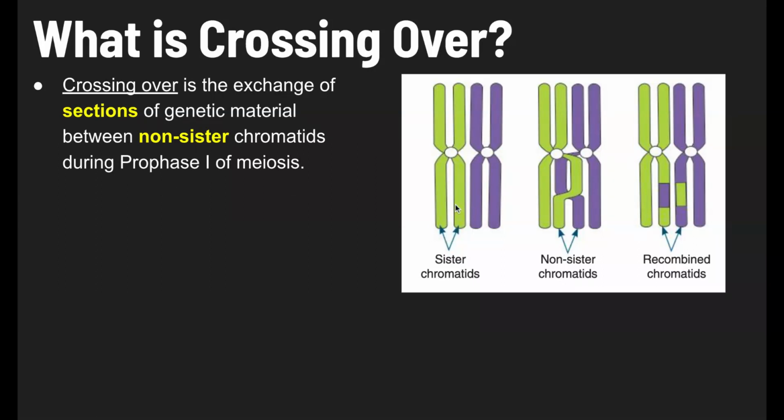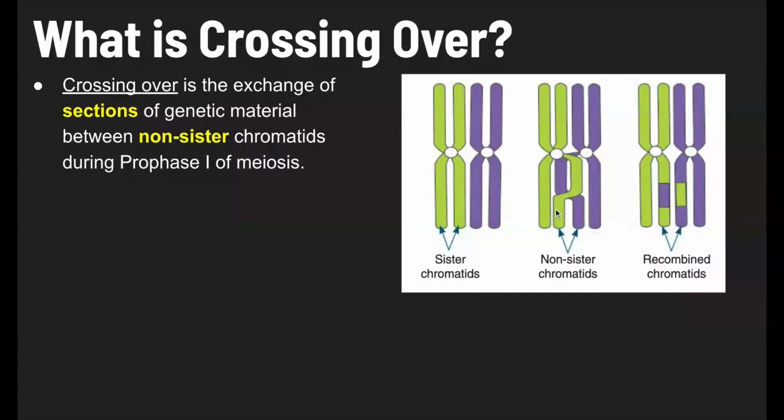So you can see here I have one chromosome. It's all in green. The left side is a sister chromatid and the right side is a sister chromatid. The purple chromosome here also is made up of two sister chromatids.